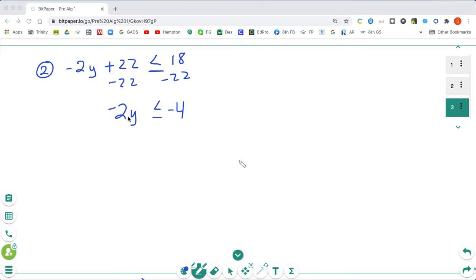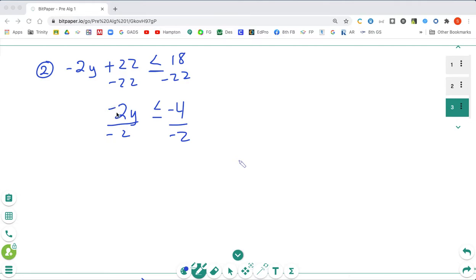Is the variable alone? It's not. -2 is multiplying times the y. So that means we're going to divide by -2 and divide by -2. Now, remember that we talked about the minus men.